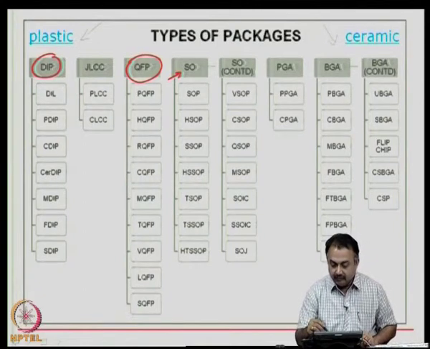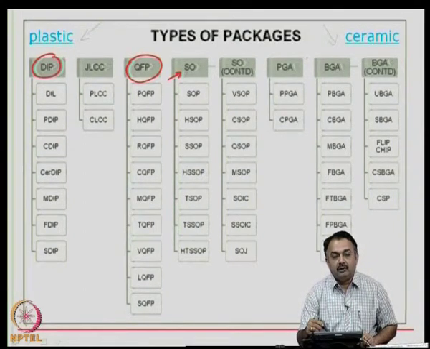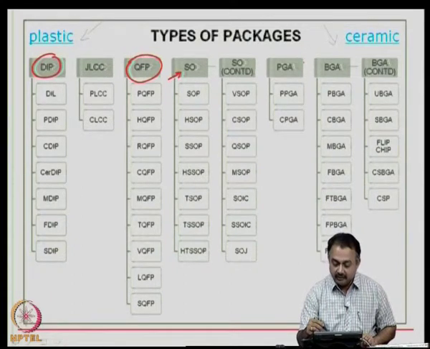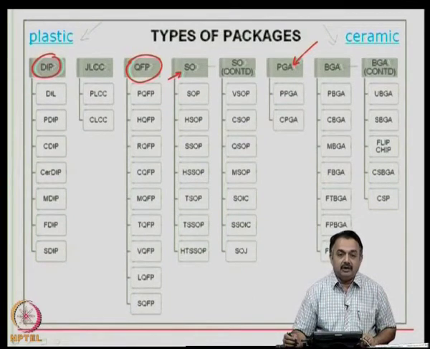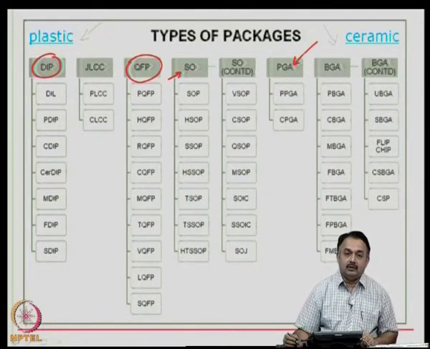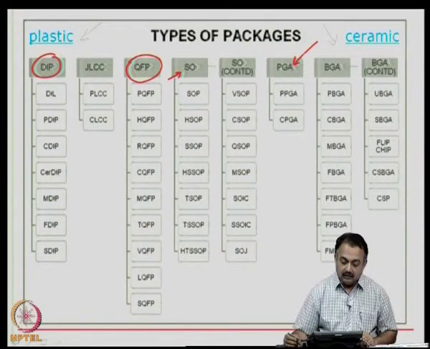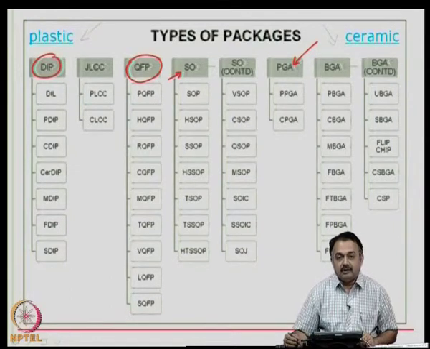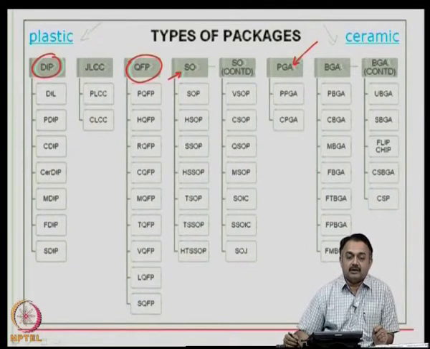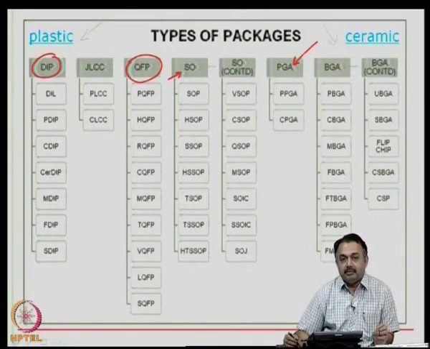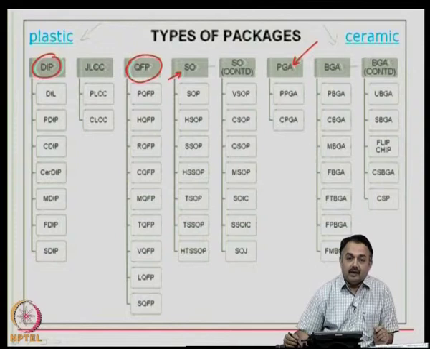Then we have, if you recollect the graph that indicated the growth of packages over the period of time during the last 40 years, pin grid array was one of the major breakthroughs for packages, especially in terms of the microprocessor industry, because Intel, AMD and other semiconductor companies which manufacture microprocessors for desktop and computing applications quickly changed over to pin grid arrays, because it afforded a large number of IOs and very reliable pin connections to the motherboard.